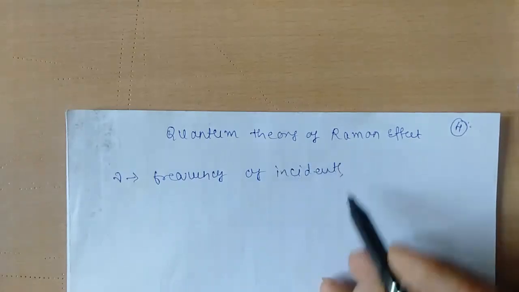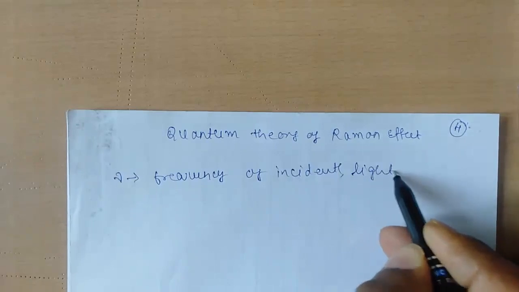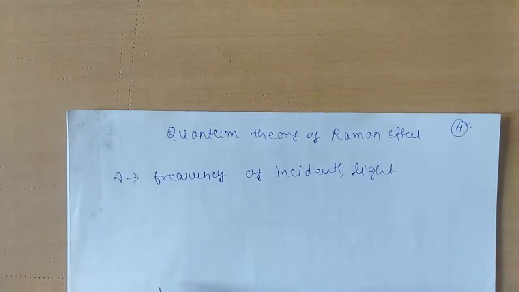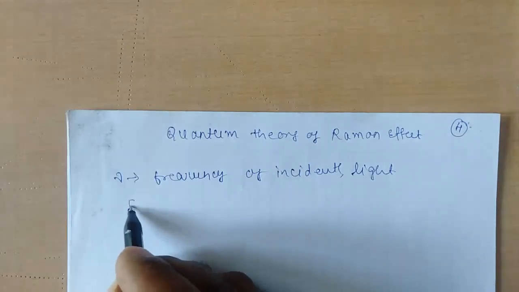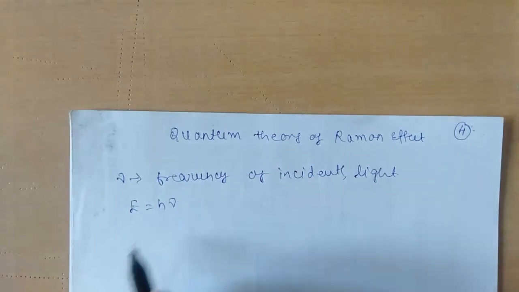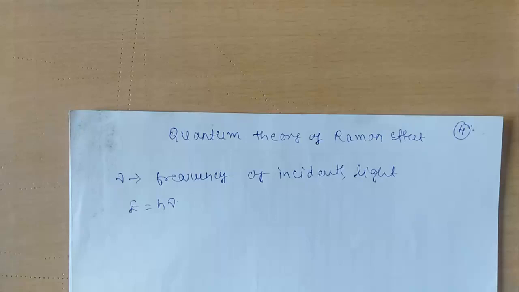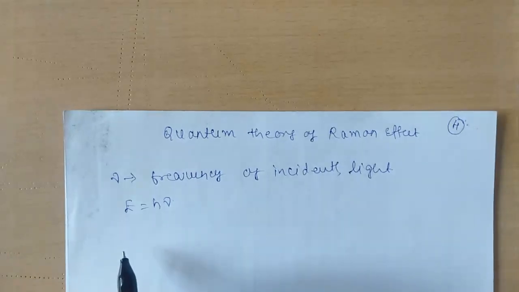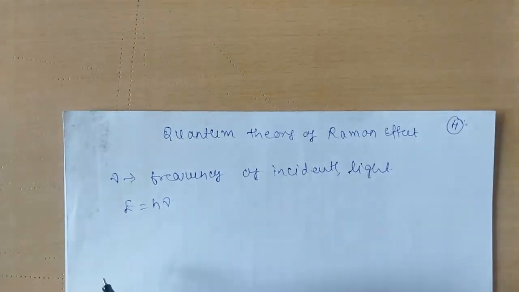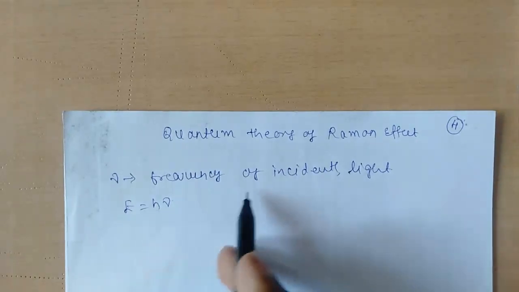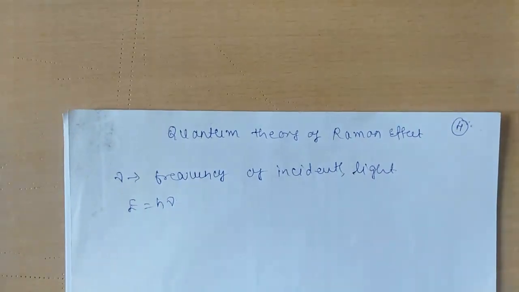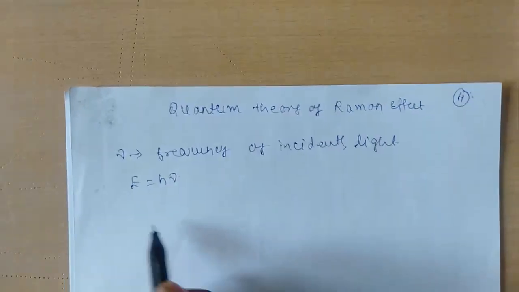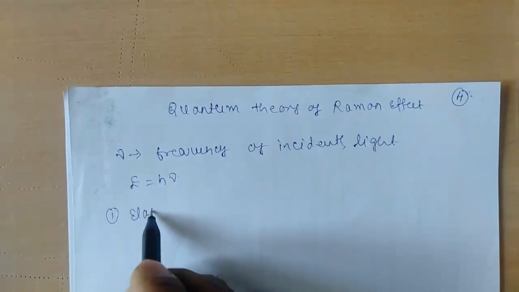and we all know that light consists of small packets of energy, which we call photons, and the energy of each photon is given by h into nu. Whenever this photon is incident on a solid, liquid or gas, the photon will interact with the molecules present inside the substance. Now consider the case of elastic collision.